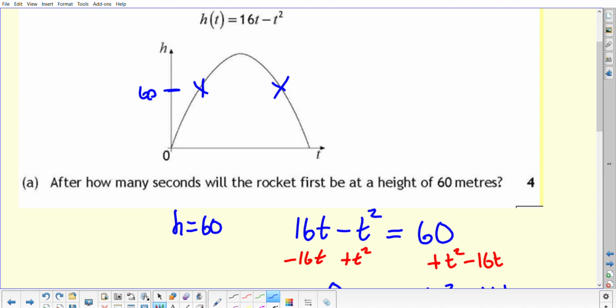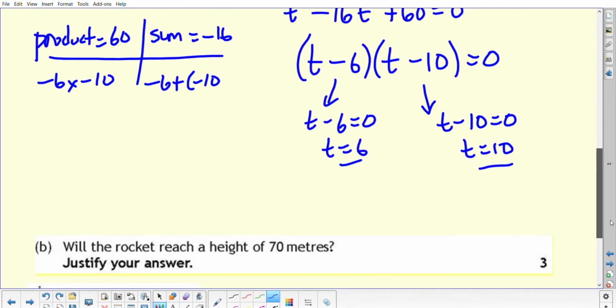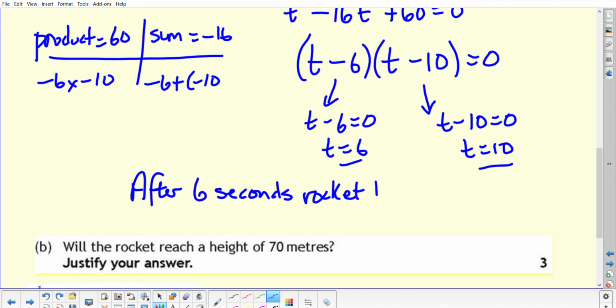There's a second time. But after how many seconds will it first be at that height? So your answer for part A would be the earlier one, after 6 seconds the rocket height would be equal to 60 meters.